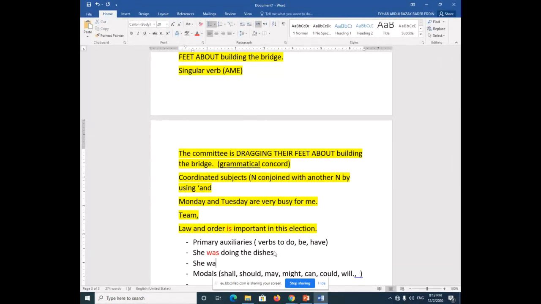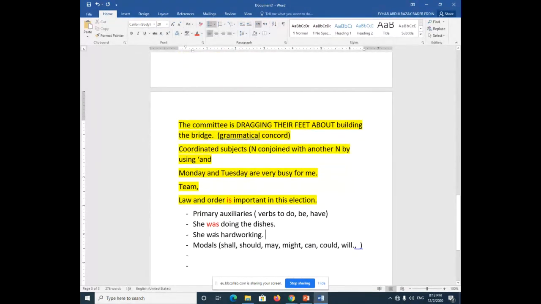But if we said she was hardworking, here was is not used to form past continuous, right? Here it is past simple.